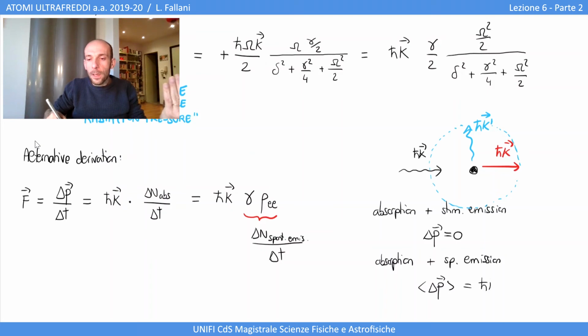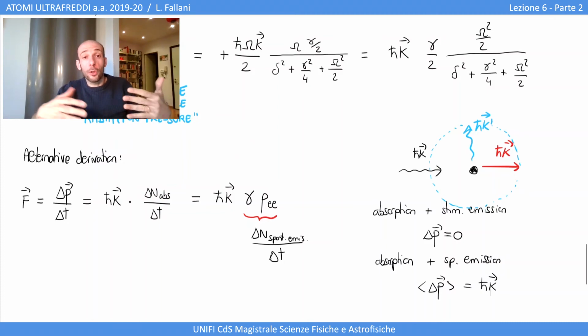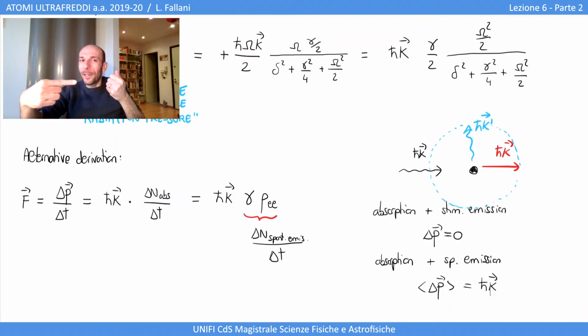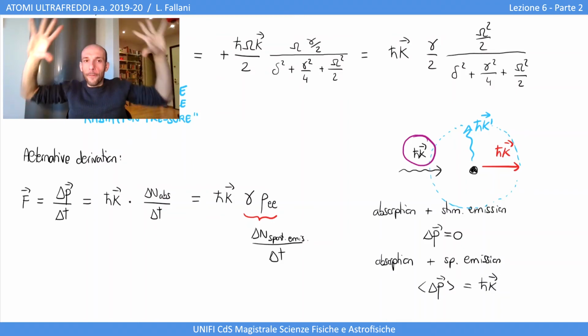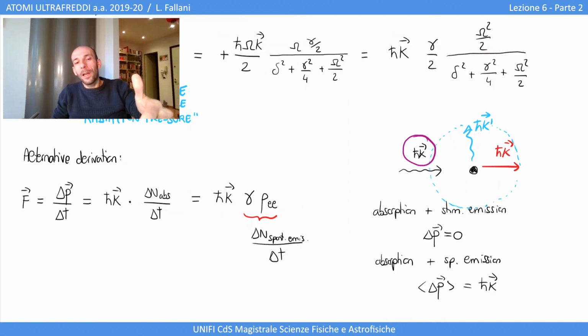So you see here that spontaneous emission is fundamental in order to have radiation pressure, because spontaneous emission is the process which removes photons from the laser field and brings these photons to the environment. This is the right quantity that has to be considered here.